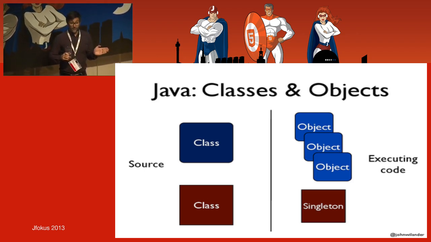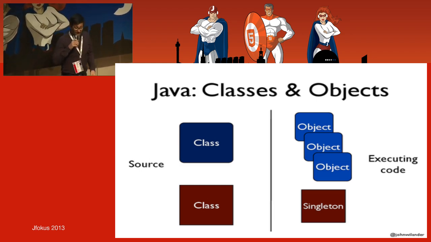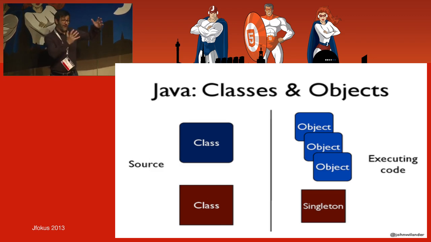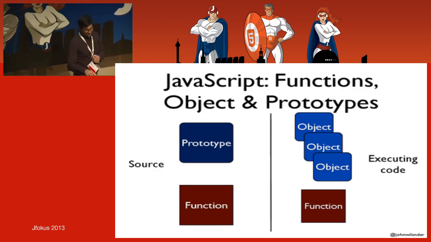And some of them you will produce singletons from. But you always produce these class files. And the relation between source code and runtime execution is that you write your classes, and then in runtime you have instances of them in form of objects.